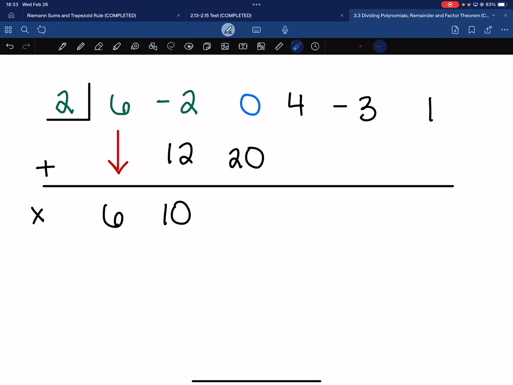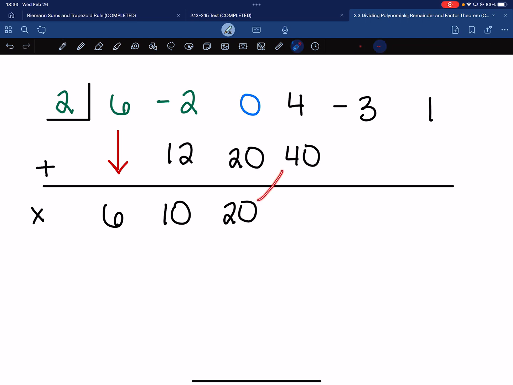It's above, so we're going to add these two terms together. 0 plus 20 is 20. Now it's below the line, so we're going to take 2 times 20, we get 40.